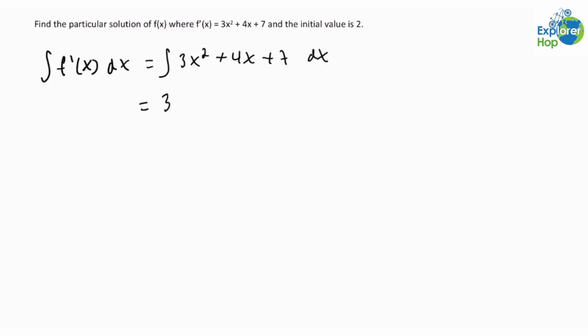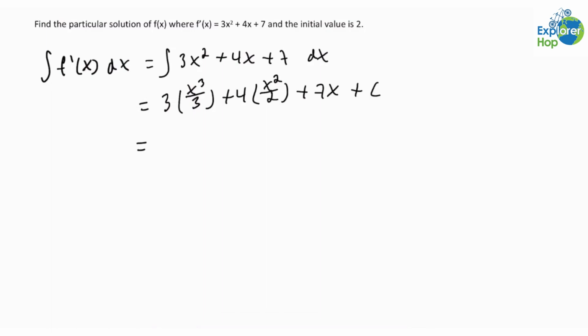So the integral of f prime of x dx is equal to the integral of 3x squared plus 4x plus 7 dx, which is equal to 3 times x cubed over 3 plus 4 times x squared over 2 plus 7x, then plus some constant c.